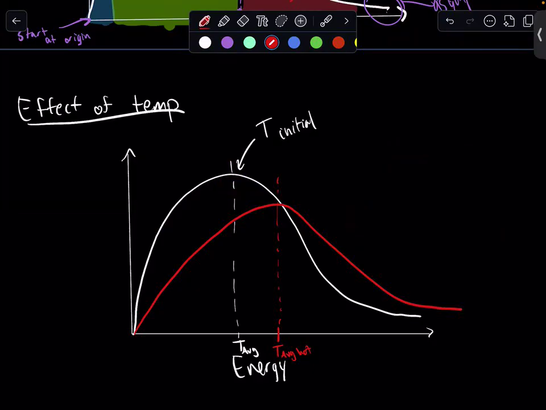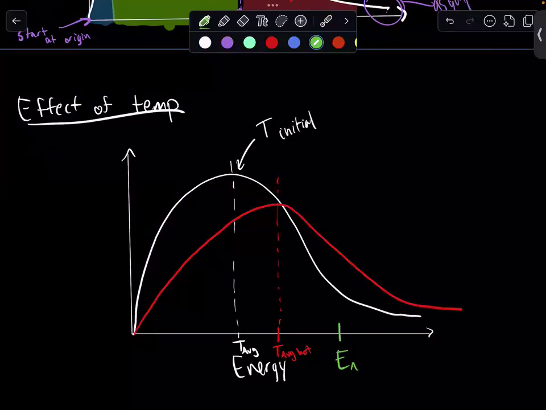Now, if we superimpose our activation energy, EA, you'll notice that as we increase the temperature, we have a lot more particles that have an activation energy greater than in our original trial.